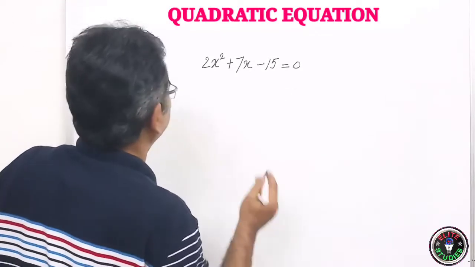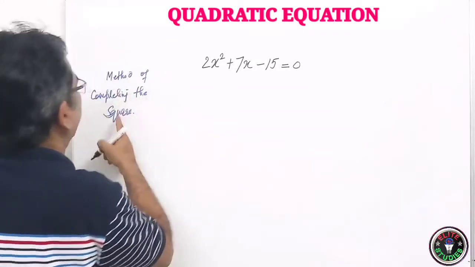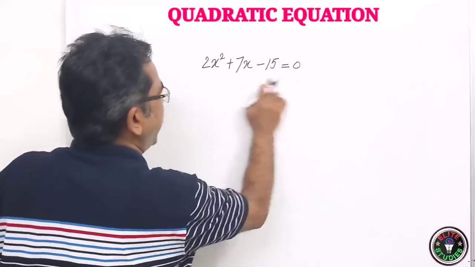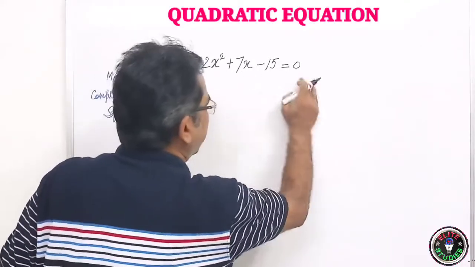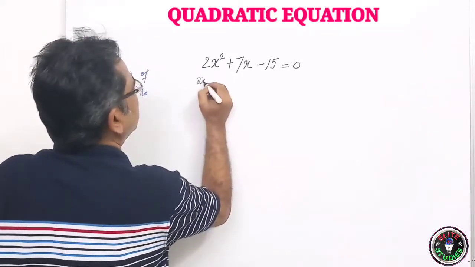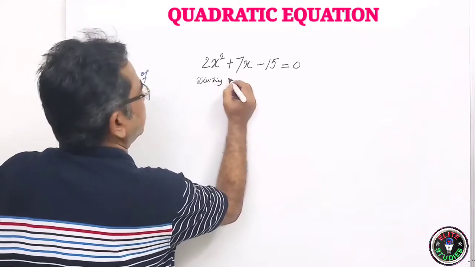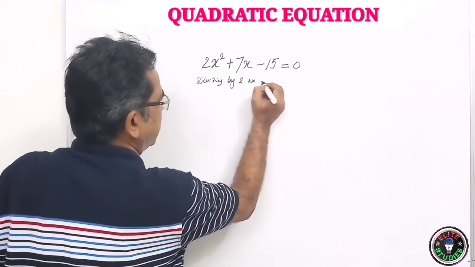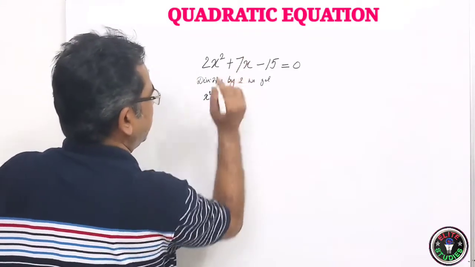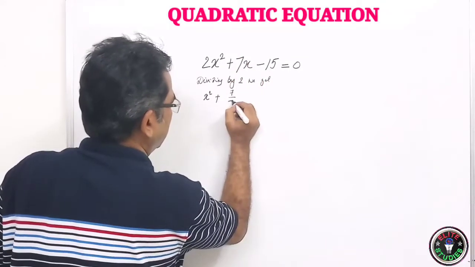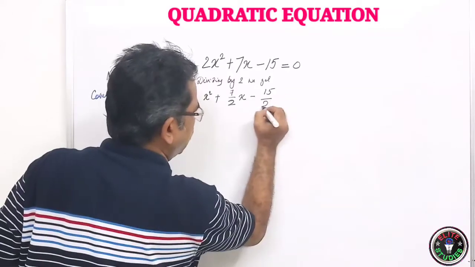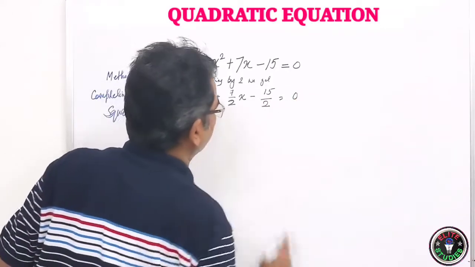Now see how. Here in the method of completing the square, you see what I am doing. In this case, this 2 is there, so dividing the whole LHS and the RHS by 2, we get x square plus 7 by 2x minus 15 by 2 is equal to 0 by 2, 0.